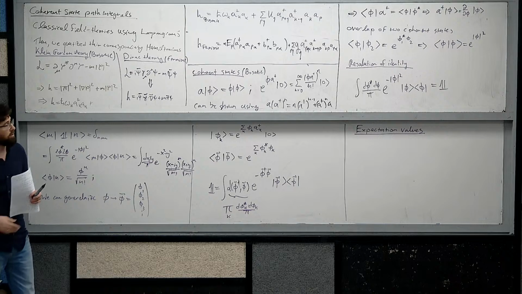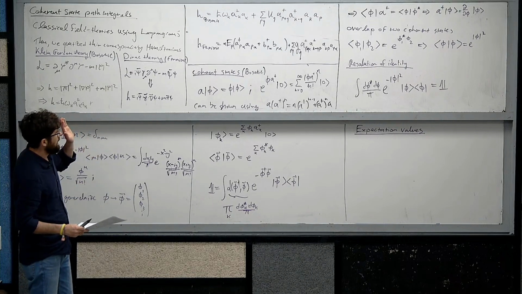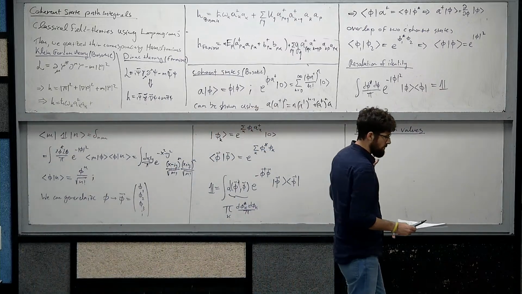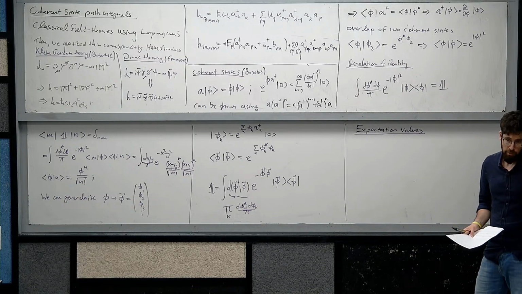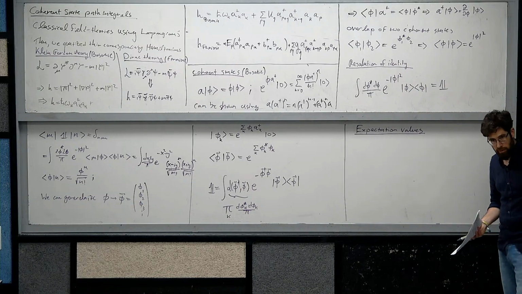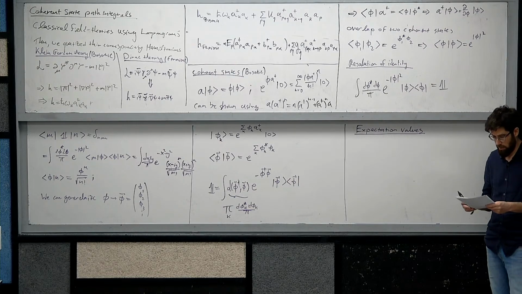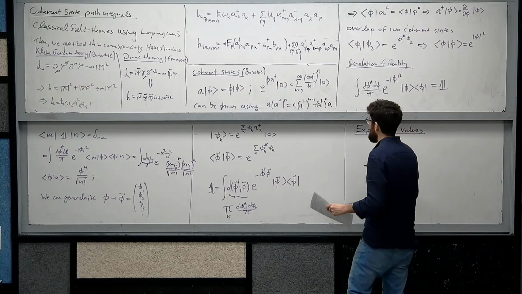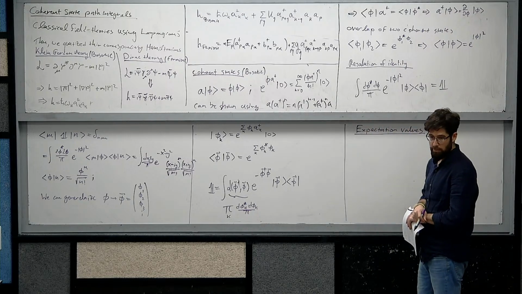It means that I'm going to assume that I took all the a's to the right and all the a daggers to the left. And we can do this either by commuting the Hamiltonian, but we saw that also physically it makes sense to assume that any physical theory comes normal ordered. So say our Hamiltonian has this form. Let's look at the top Hamiltonian.